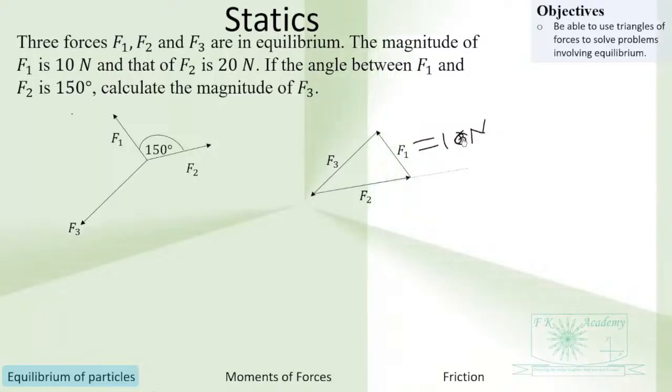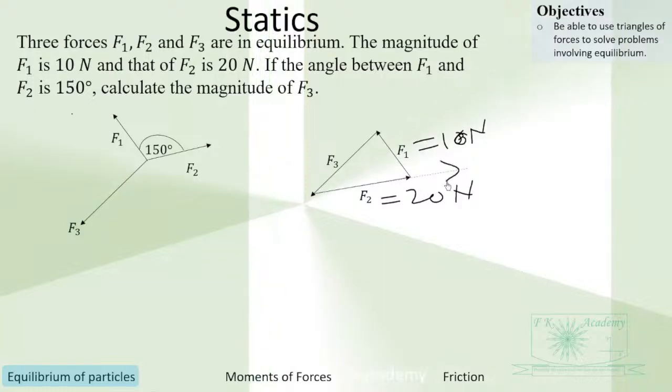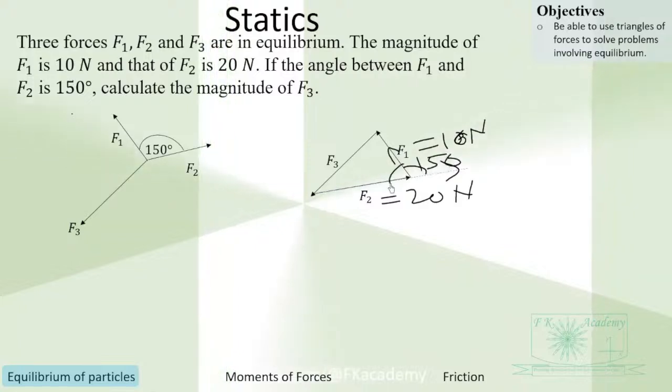Then we can see F2, which is 20 newtons. So the angle between the forces F1 and F2 is 150. So when you extend the force F2, and this is F1, the angle between them is 150. So that means the acute angle here will be 30 degrees.